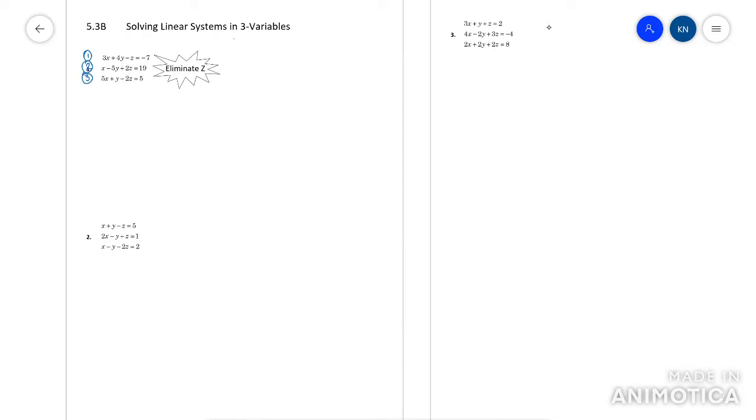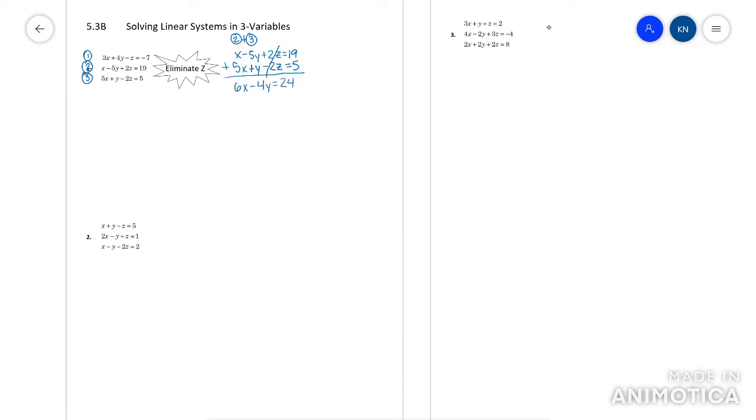So if I do equation 2 plus equation 3, it would look like this. So I'm going to add these equations together. Z is going to eliminate, so it's going to make 6x minus 4y equals 24.